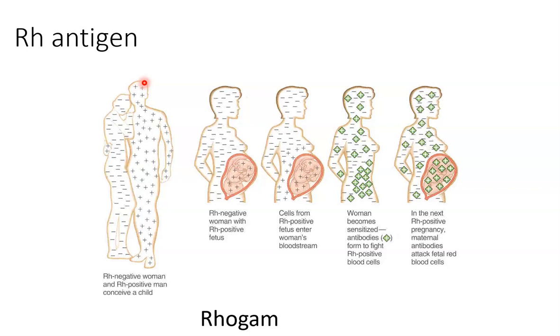So why do we bring this up, and why is this an issue? This is an issue especially when a woman is Rh negative, and I'll go through that explanation. The first thing you need to know, besides what the Rh antigen is, is that an Rh negative person is not born with Rh antibodies, but they can make them if exposed to Rh positive blood.